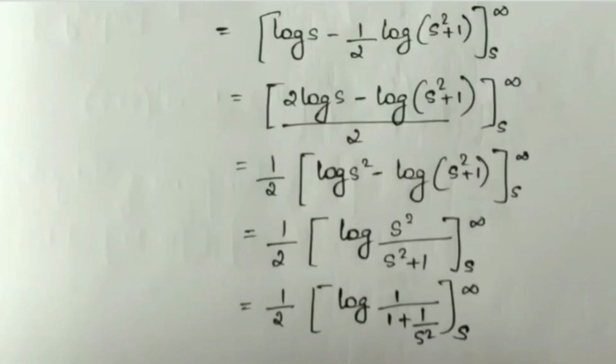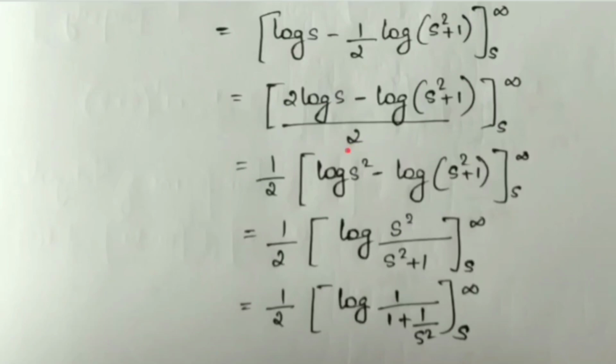So, we can write log s minus 1 by 2 log s square plus 1 within the limits s to infinity. So, we can multiply this term with 2 and make the denominator equal to 2. So, 2 log s minus log s square plus 1 by 2 within the limits s to infinity.